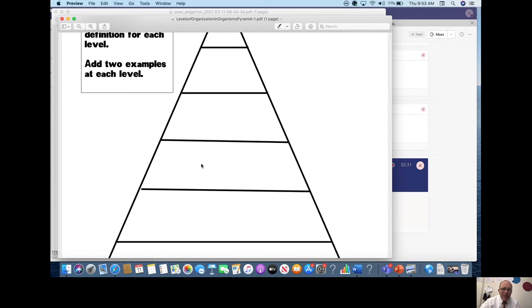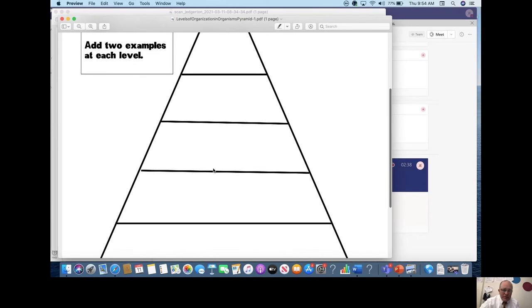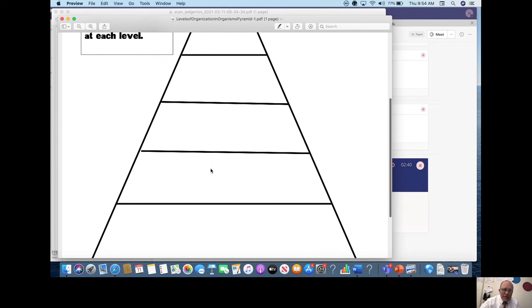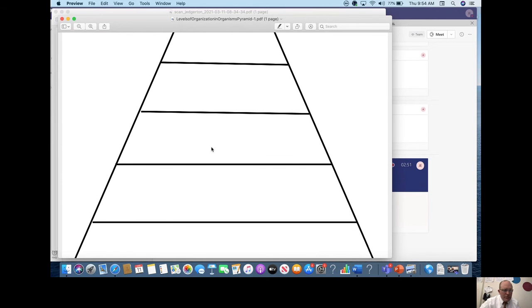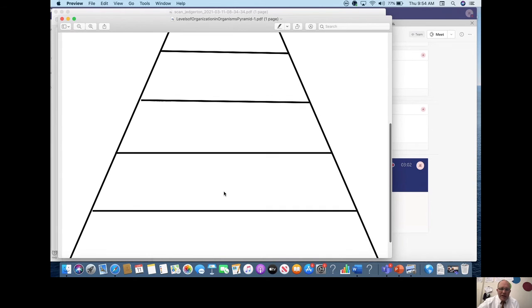And then we have the actual cell itself, which we are made of cells. We're made of trillions of cells. The cells organized together form tissue, and the tissue forms together into organs, which would be the second to last.